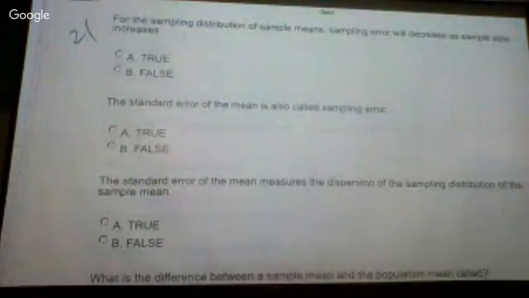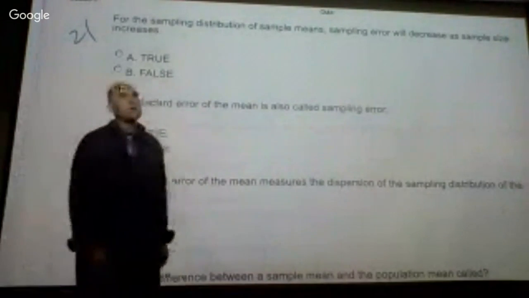21. For the sampling distribution of sample means, sampling error will decrease as the sample size increases. So here's one of those things that it's not a direct consequence.